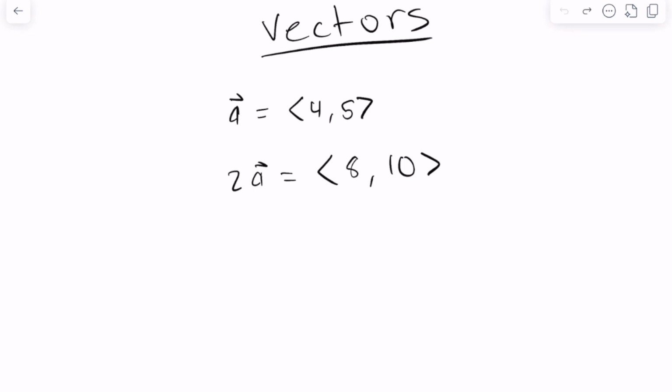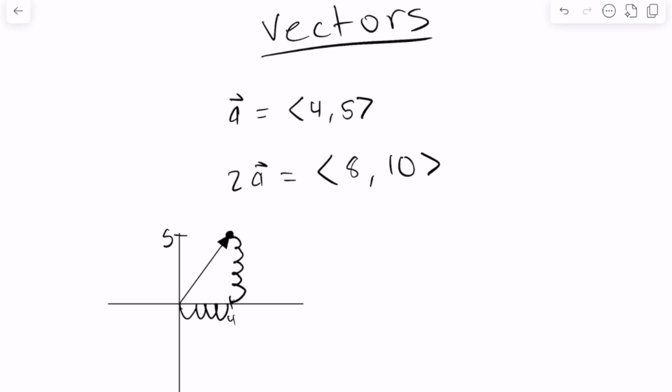If we had a graph again, and we had the point, let's say this is 4, 5, it would be like somewhere up here, and here's our vector. Well, when we multiply it by 2, if you notice, it has the same rise over run. So as we know, it's over 4, 1, 2, 3, 4, up 5, 1, 2, 3, 4, 5.